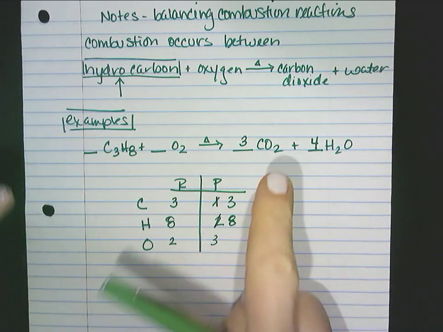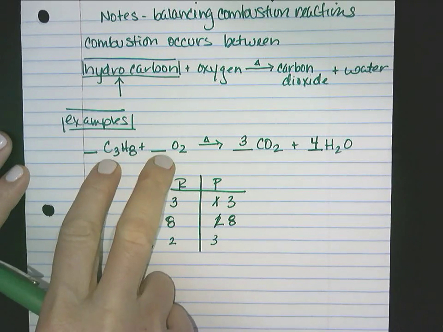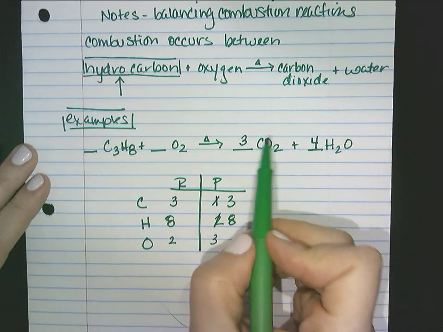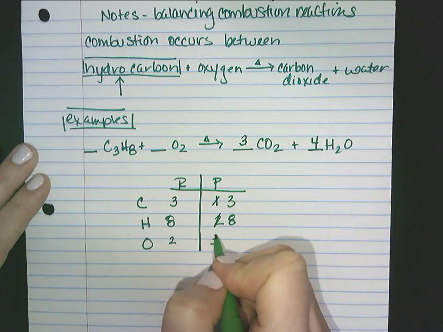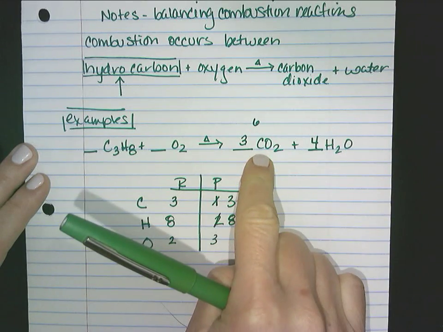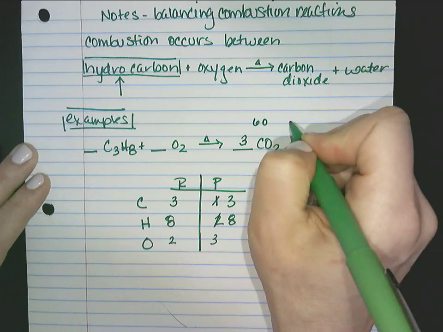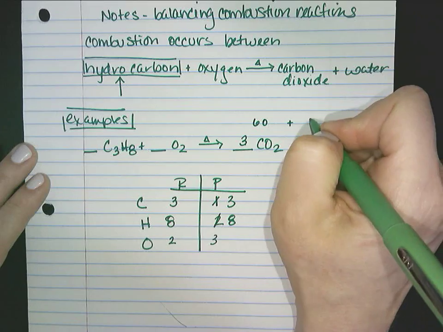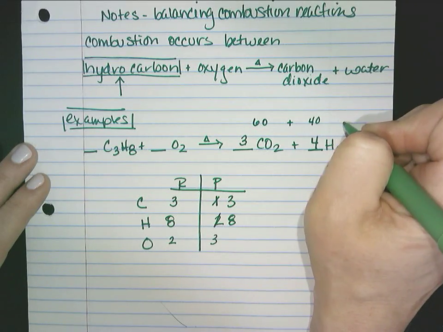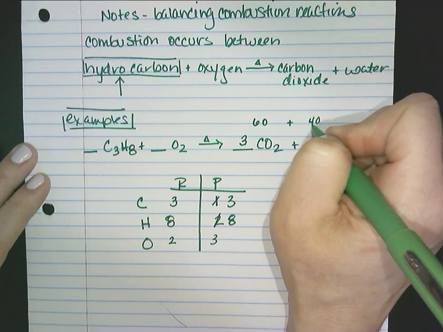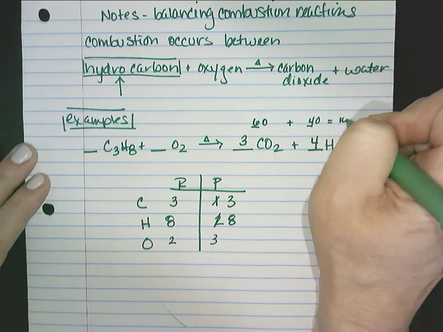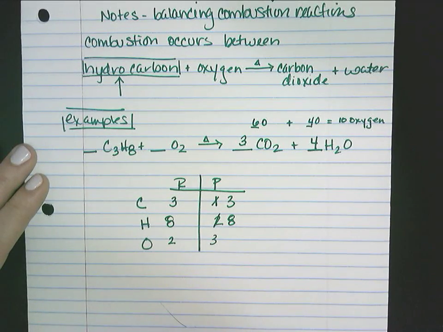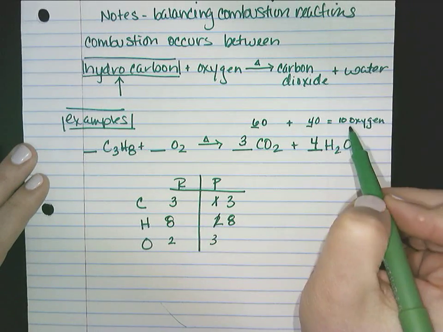And now we have to add up the number of oxygens on the right and make sure the left side also has that number of oxygen atoms total. So we have 3 times 2 is 6 oxygen atoms, plus 4 times 1 is 4 O's, for a total of 10 oxygens in the products.